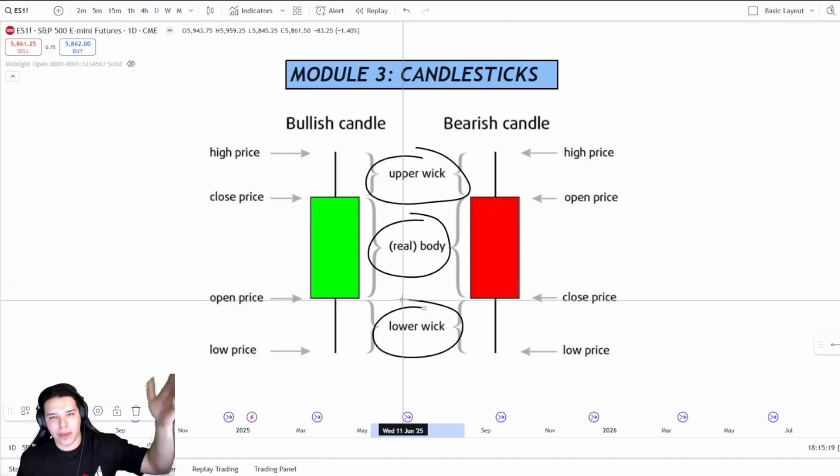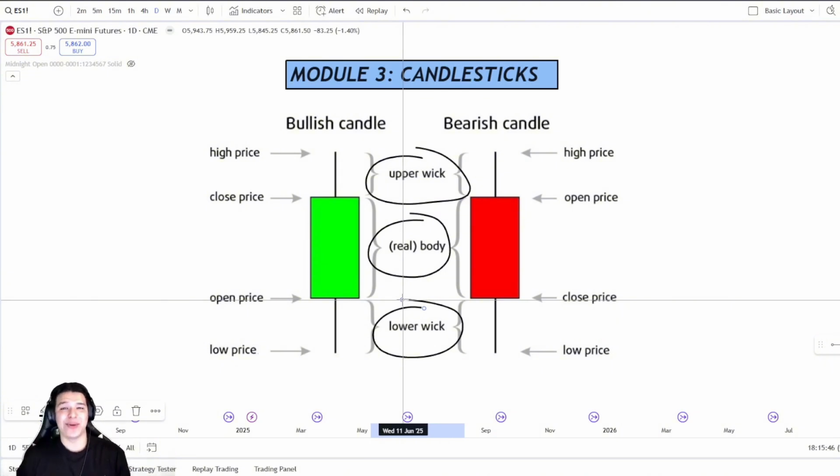The top wick shows the highest price point that candle traveled to, and the bottom wick is the complete opposite: the lowest price point the candlestick traveled to during that time frame. That's universal across both green and red candles. A top wick is the highest price point on both, and the bottom wick the lowest price point on both.